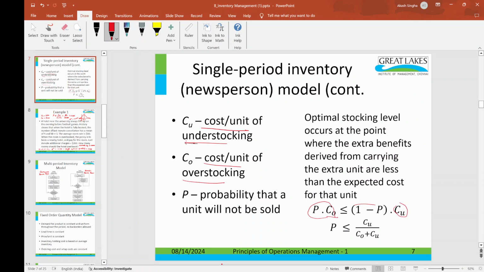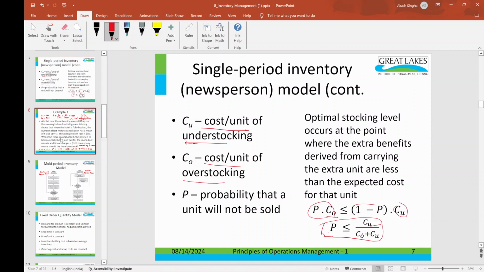And from substituting, this is the basic formula. Just remember it: P less than equals to Cu by Co plus Cu, cost of understocking by cost of overstocking plus understocking.